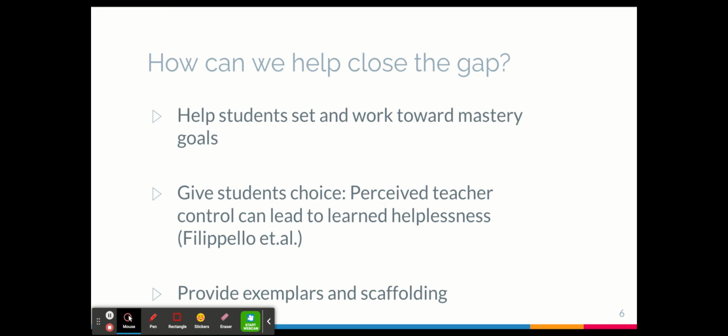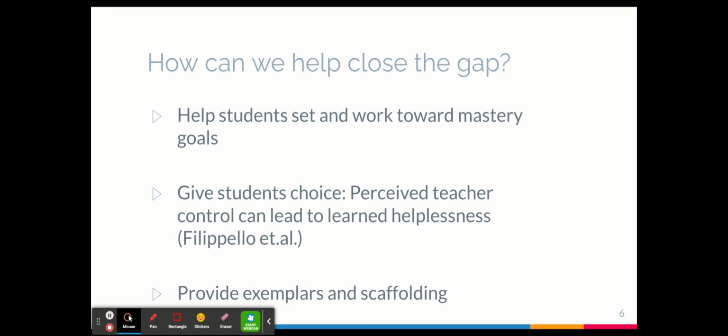Students need to be given choice. There was an article by Filippello et al. who said that perceived teacher control can lead to learned helplessness. So we have to be careful not to helicopter with our students. And I think that that's something that, while I don't think I've gone in and fixed their errors, I do think that I've run into sometimes giving them too many comments and not really allowing them to deal with the discomfort of a situation where the gap between what they're able to do and the challenge that they face is quite large.